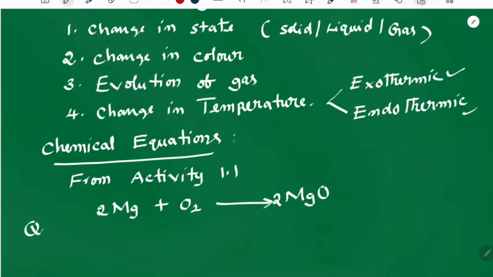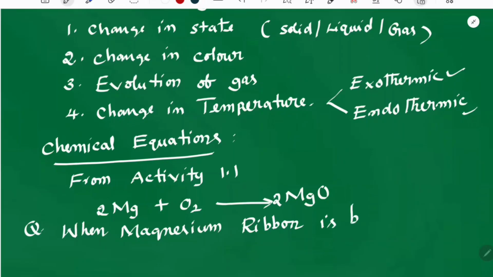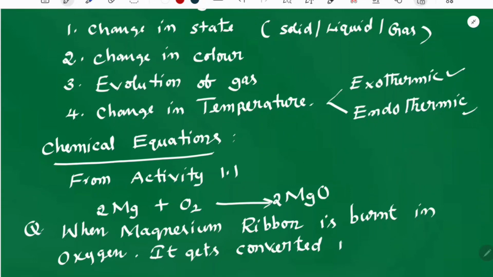When magnesium ribbon is burnt in oxygen, it gets converted into magnesium oxide.